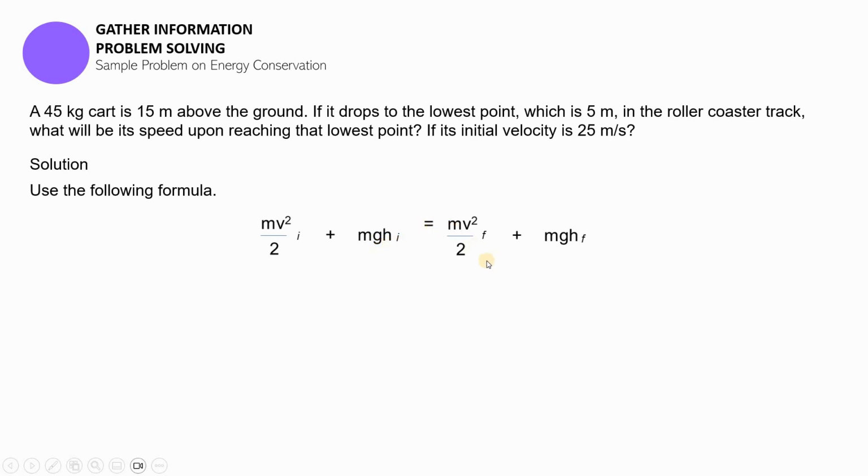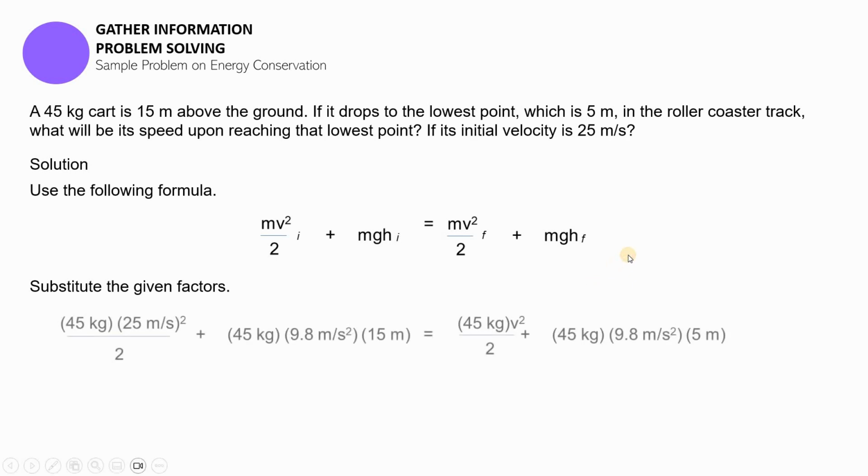And then that must be equal to the mass multiplied by the final velocity squared, divided by 2, and then added to the mass multiplied by the acceleration due to gravity multiplied by the final height. So for all of these, the only thing unknown was actually VF. Now you have to substitute the given factors. So take your time. Using this formula, substitute the given factors. Are you done?